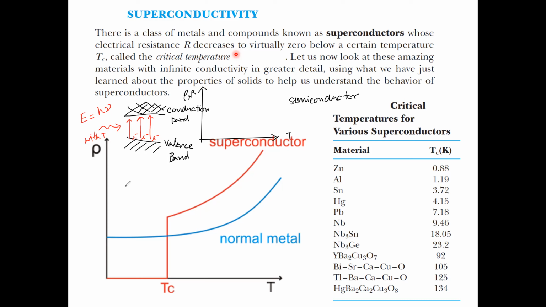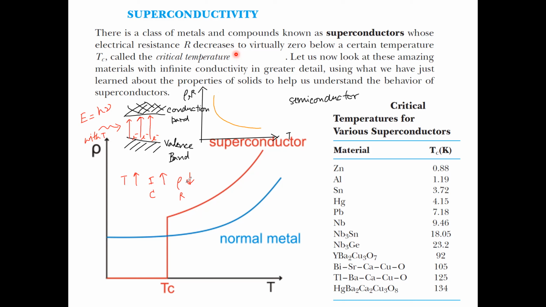So you assume that if T is higher, the current or the conductivity will be higher. So rho or R would be smaller. So the graph would look like this, something like that. Okay. So that's the difference.